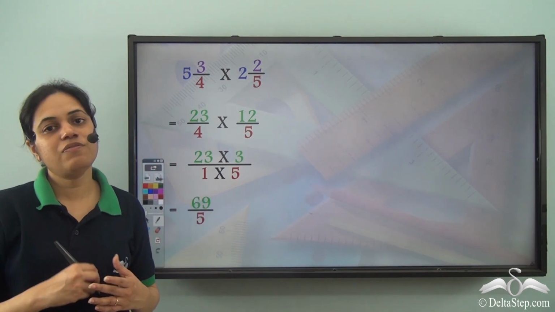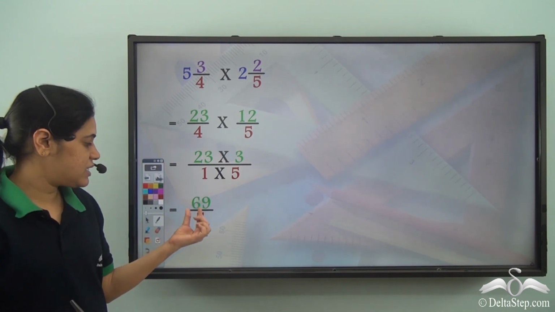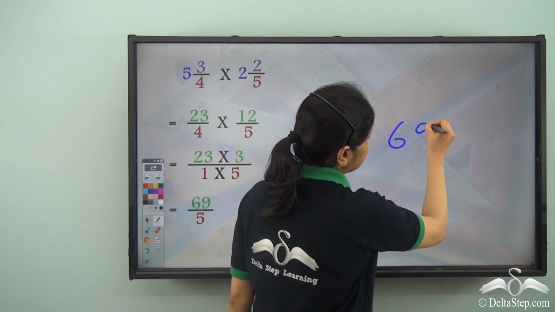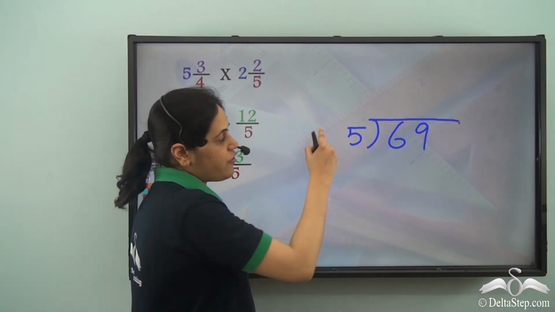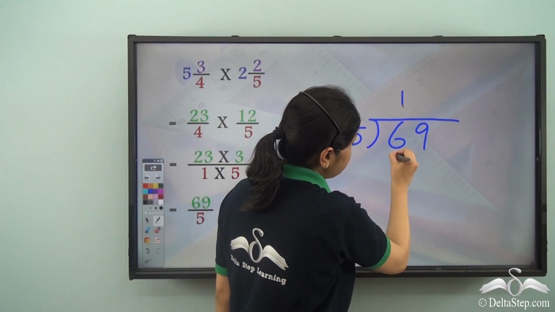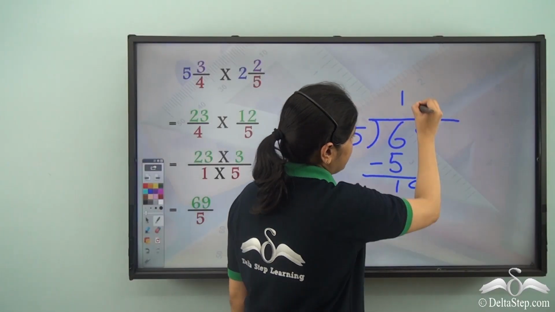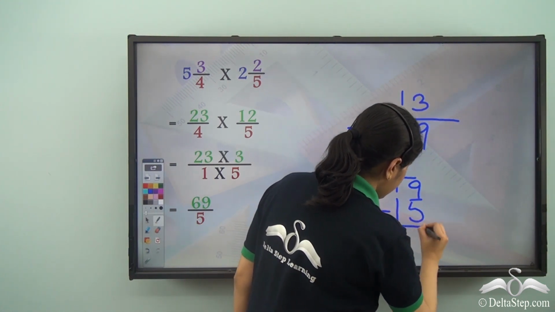Now once again, we need to give our answer in terms of mixed fractions. So 69 by 5 is 69 divided by 5. Now 5 goes into 6 one time. I have 1 remaining. I take down this 9. 5 into 3 is 15 and the remainder is 4.